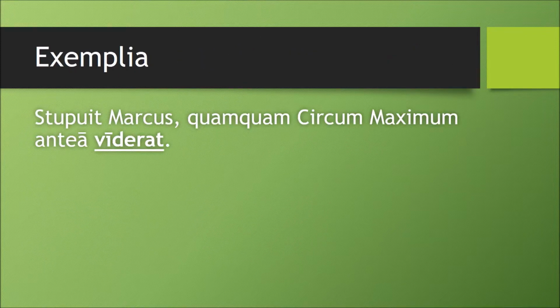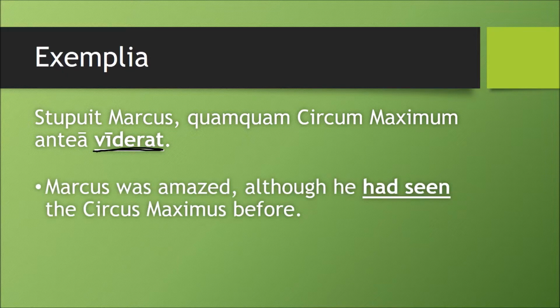Another example that we have of a sentence that has two past tense actions, one in the pluperfect tense: stupuit Marcus, quamquam Circum Maximum antea viderat. Marcus was amazed, although he had seen the Circus Maximus before. Now, once again, we have our timeline with the present and the future already written in.